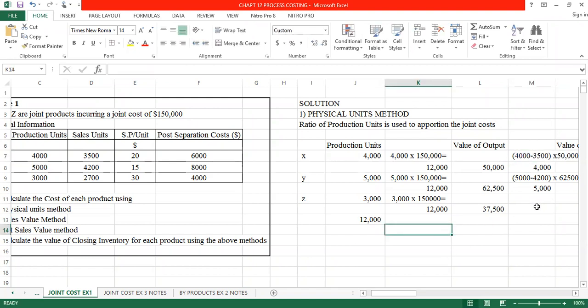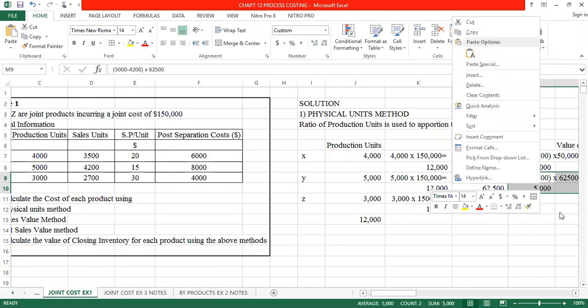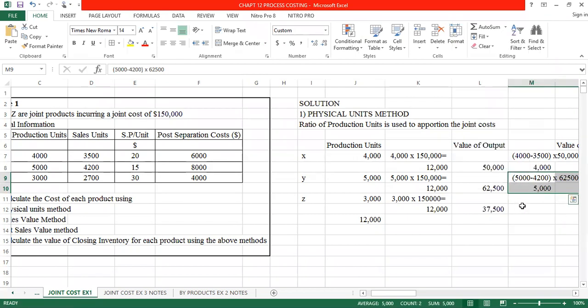So the last one is 3,000 minus 2,700, close the bracket, times 37,500, which is the value of output. Everything divided by 3,000.